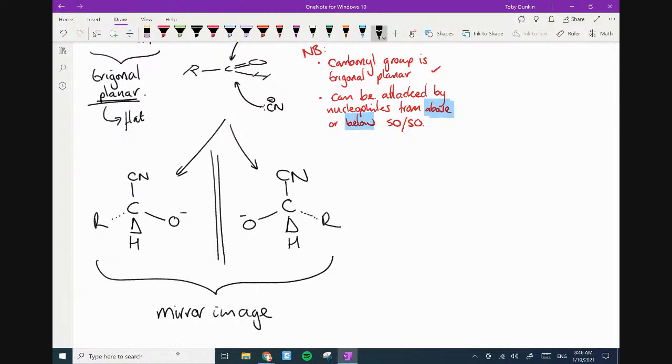Now, what that means is, and here's the bullet point, the nota bene, they are non-superimposable mirror images.